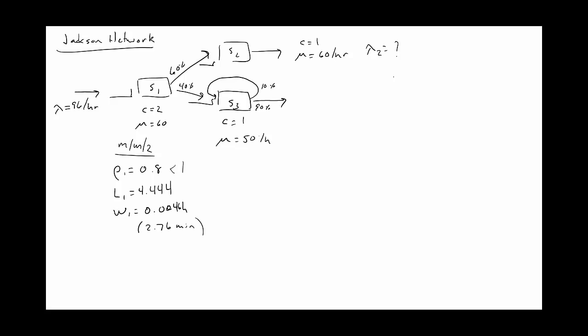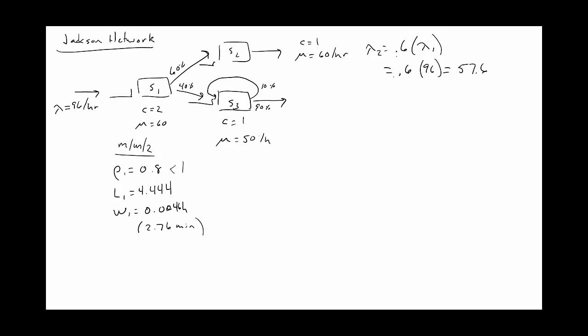So the arrival rate that server 2 sees is simply 60%, 0.6 times lambda 1. So it sees 60% of what server 1 saw. In our case, this is 0.6 times our 96, which is equal to 57.6.